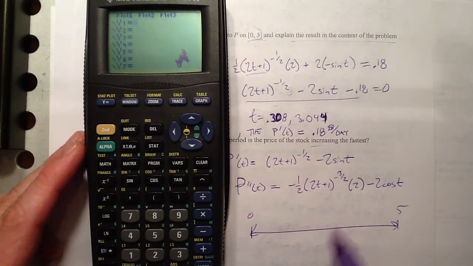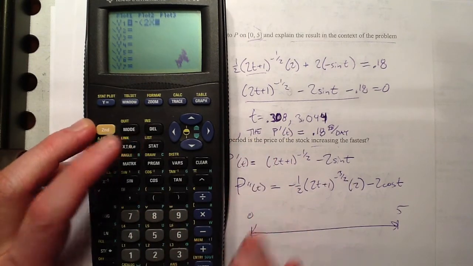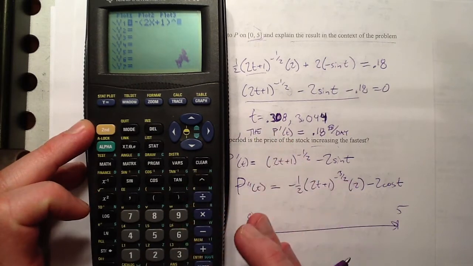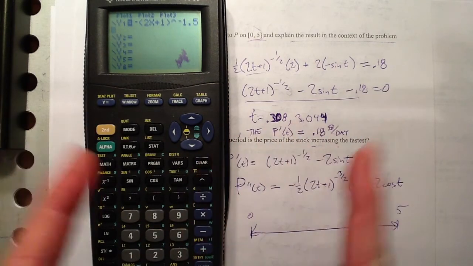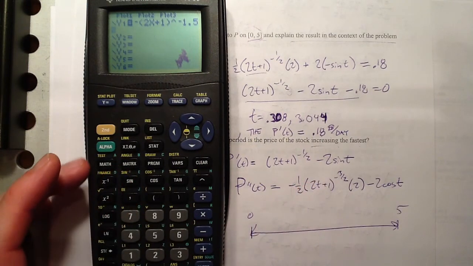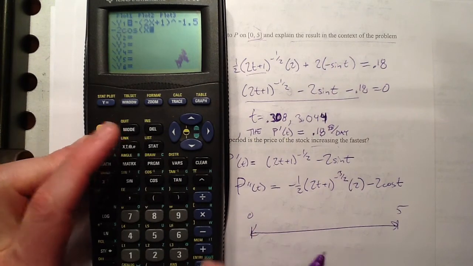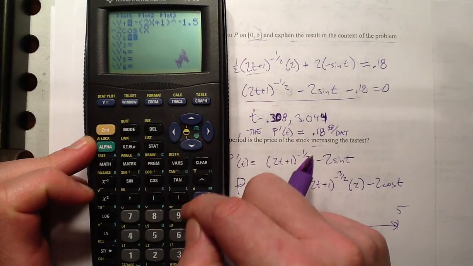So that's negative (2t plus 1) to the negative 3/2. If you put it in as 3/2, you need it to be in parentheses. Minus 2 cosine x. Oops, what's going on there?